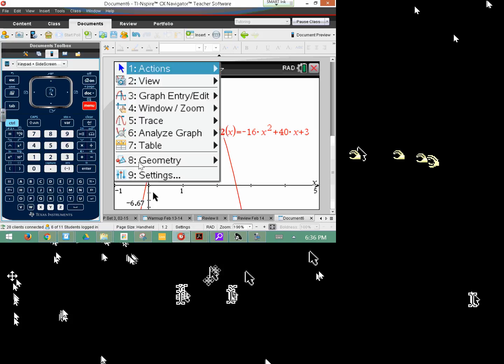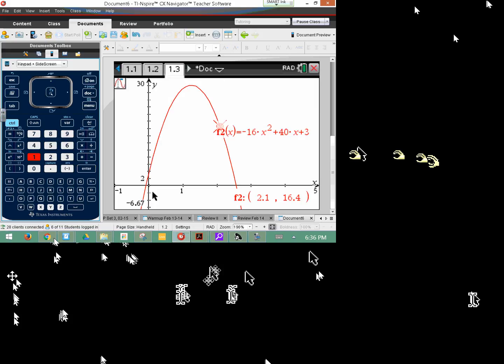Menu, 5, 1, and let's just get to tracing. Okay. Oh, there's my maximum. My maximum tells me that the football is 28 feet up in the air at 1.25 seconds.